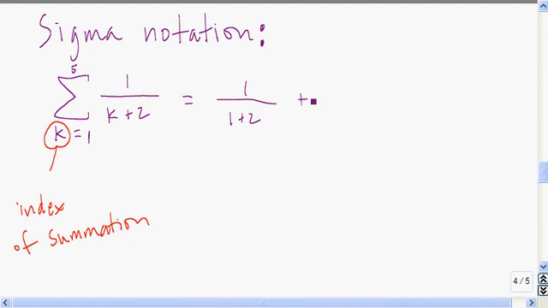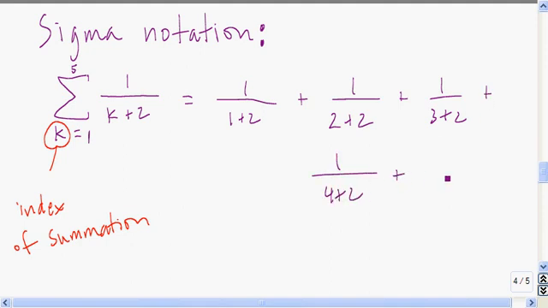Plus, now you plug in the next number. You started at 1, now plug in 2. So 1 over 2 plus 2. Then 1 over 3 plus 2. 1 over 4 plus 2. The last term is when you plug this number in here for k, so 1 over 5 plus 2.